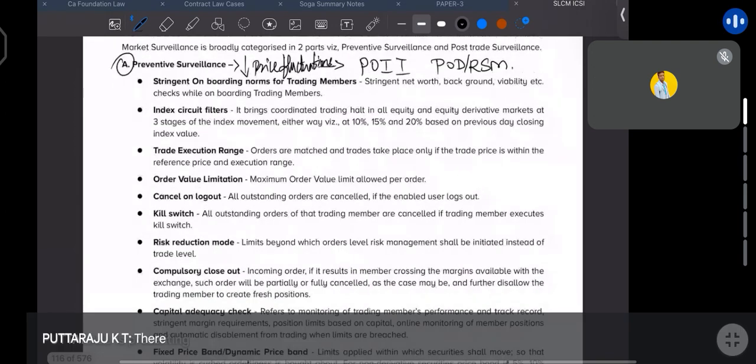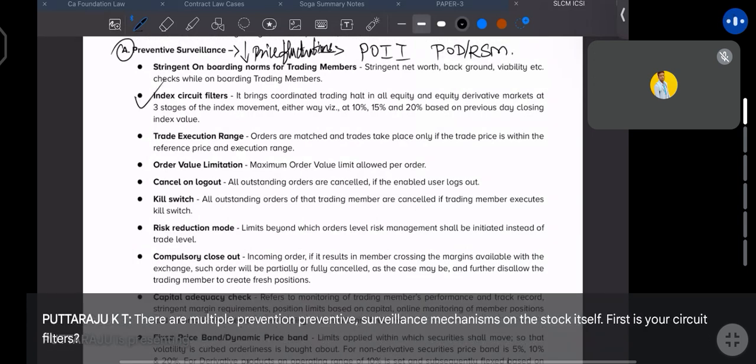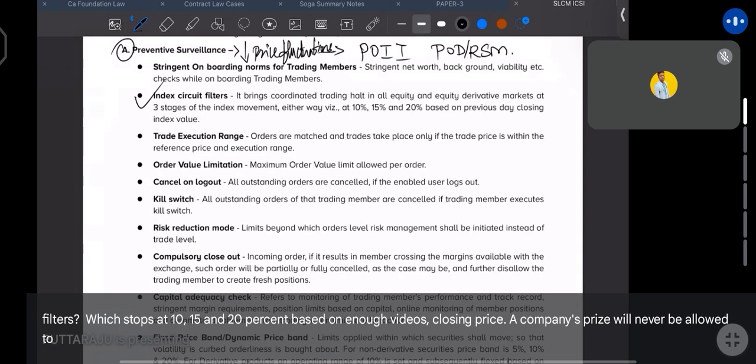There are multiple preventive surveillance mechanisms on the stock exchange. First is your circuit filters, which stop at 10, 15, and 20% based on the previous day's closing price. The company's price will never be allowed to exceed this. Then you have the trade execution range. Only in a particular reference range can trades be executed.